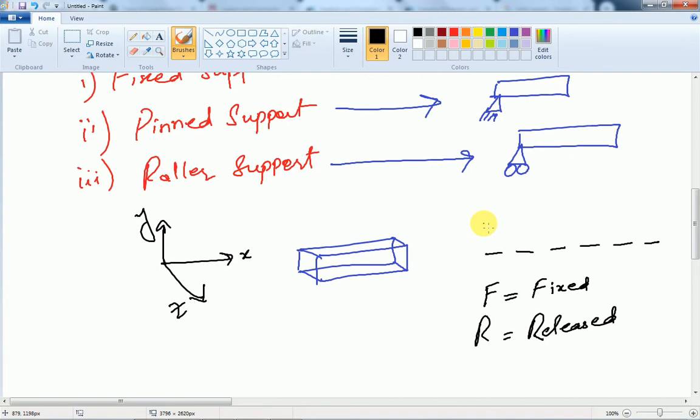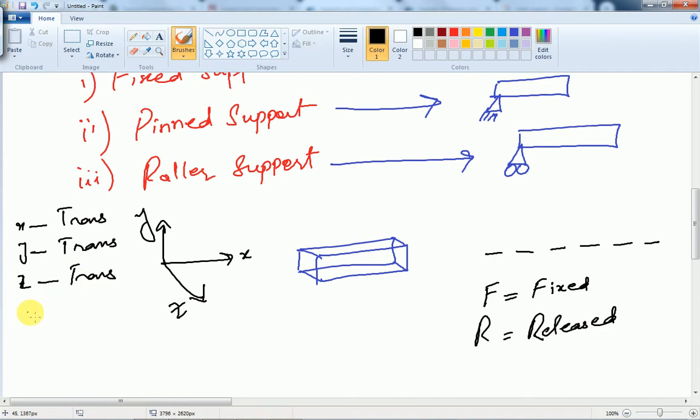As you already know about the total number of degrees of freedom: first one is translational along the x-axis, along the y-axis it is also translational, along the z-axis it is also translational.